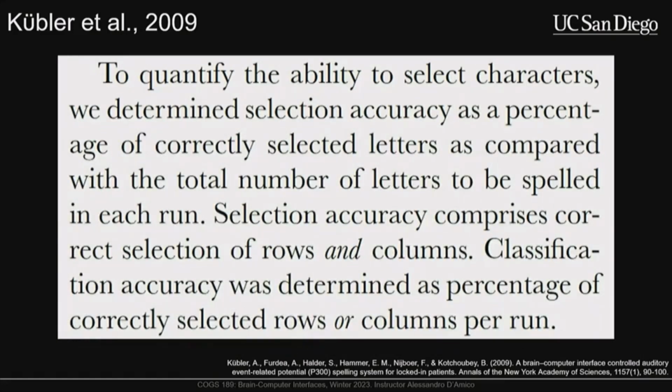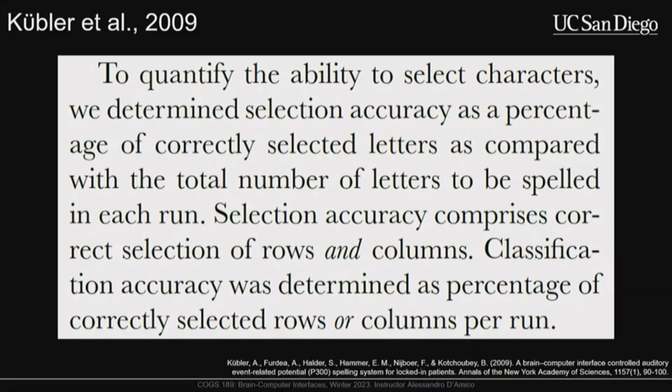And they actually quantified their performance in 2 different ways. They have the selection accuracy, which is the ability for the row and column to be correctly classified. So this is choosing a correct letter, essentially. And then they have the classification accuracy. Selection accuracy is actually selecting the correct letter. Classification accuracy is selecting just a correct row or column.